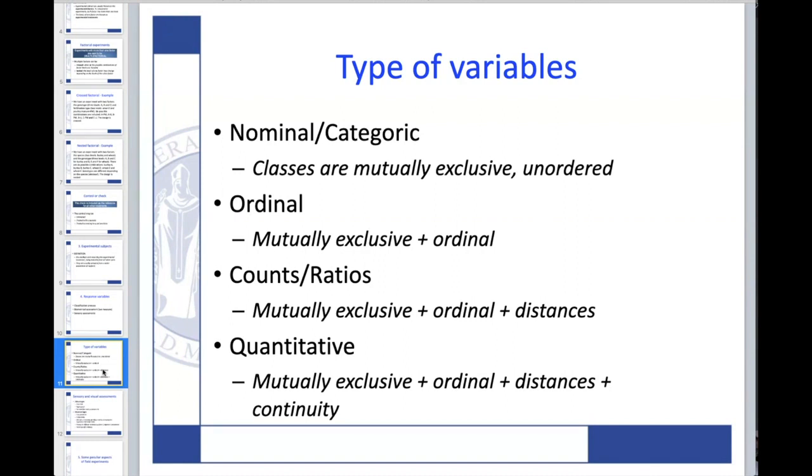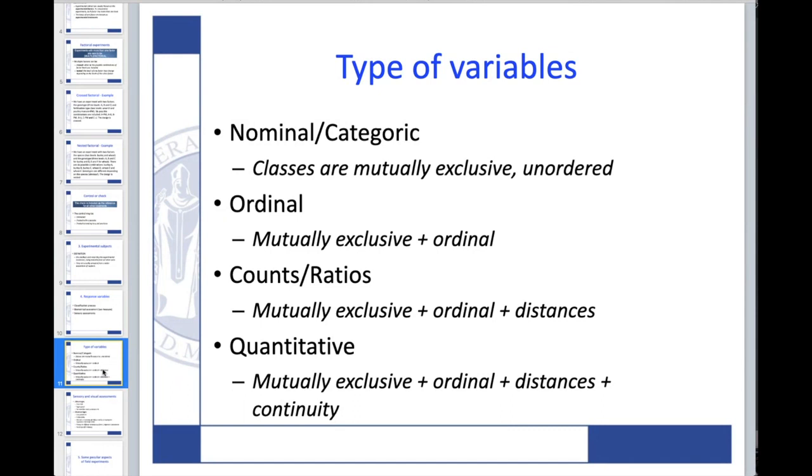And we know that the distance from 1 to 3 is twice the distance from 1 to 2. This is another important property because it allows us to make some calculations. For example, we can calculate the mean or the average or the deviance. We cannot do so with nominal categories. So it's very important.